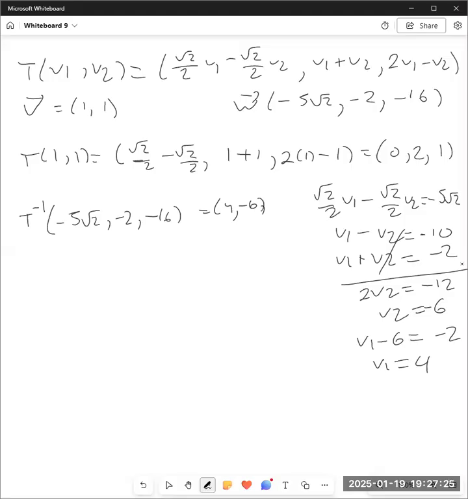And then let's just check that with the last piece here, that we should have 2v1 minus v2 is 8 plus 6 is 14.